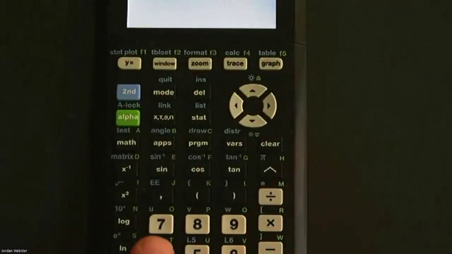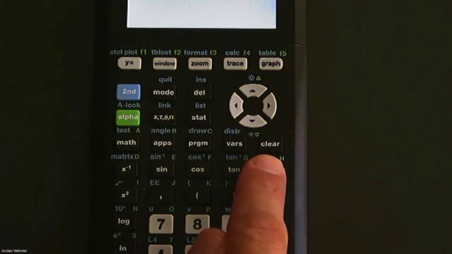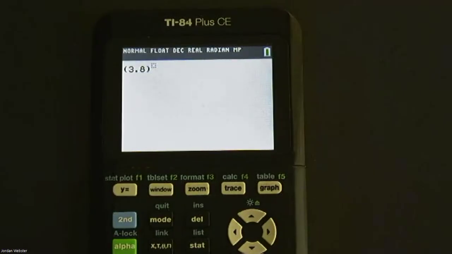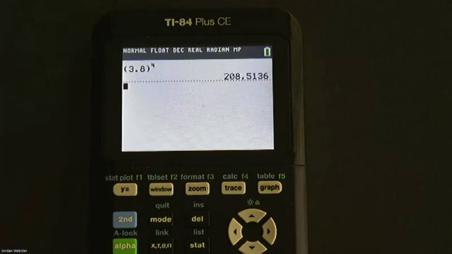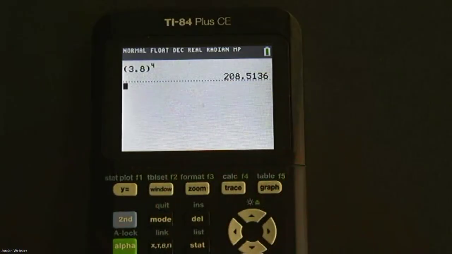And then the exponent key is this caret key right here. So I go caret. My calculator is in math print mode, so it will indent so that it looks like an exponent. Then I just hit the number 4, and I get about 208.51.